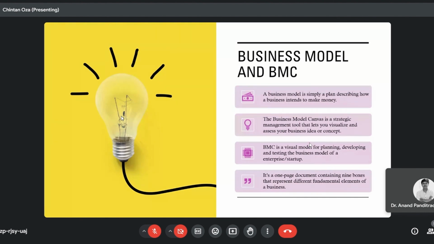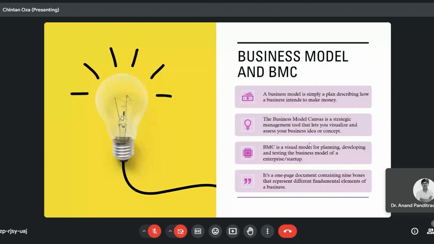So, what is a business model and a business model canvas? The business model simply is a plan describing how a business intends to make money. But the BMC is a strategic management tool that lets you visualize and assess your business idea or concept. It is a visual model for planning, developing, and testing the business model of any startup or any enterprise.